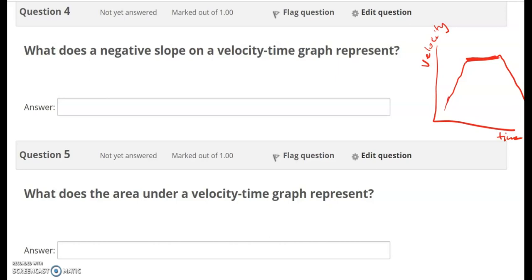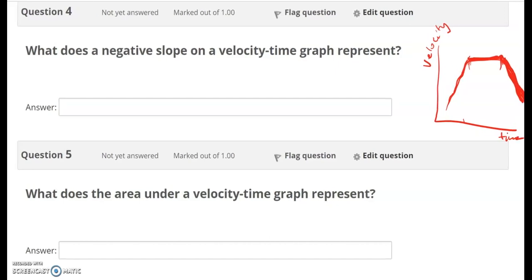So this part here shows that for this duration of time, speed has gone up, and then it has remained the same for this duration of time, and we can see it going down here. So speed going down. So a negative slope, which is this one, on a velocity time graph means slowing down.